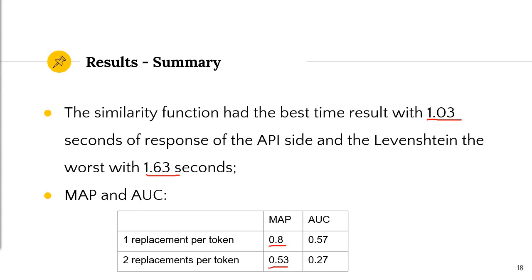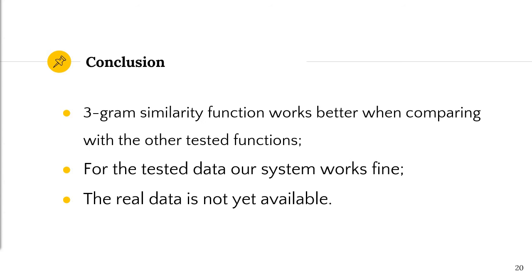And for the area under the curve, for 1 replacement per token, it got 0.57, and for 2 replacements, 0.27. It works better when compared with the other tested functions.